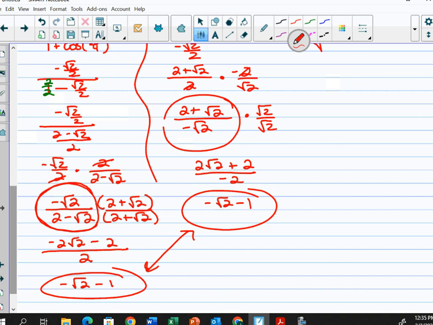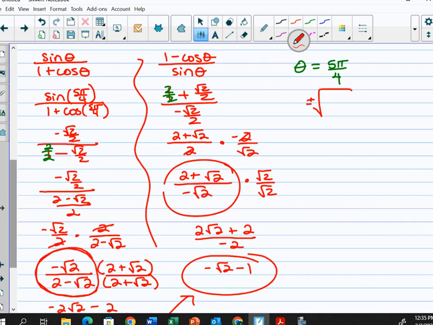And then the final option is you could have done the plus or minus square root of 1 minus cosine theta over 1 plus cosine theta. What quadrant is 5 pi over 8 in? 2. Is tangent positive or negative in quadrant 2? Negative.